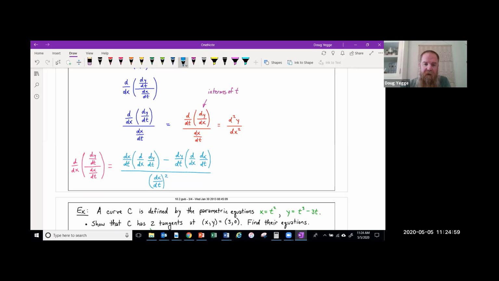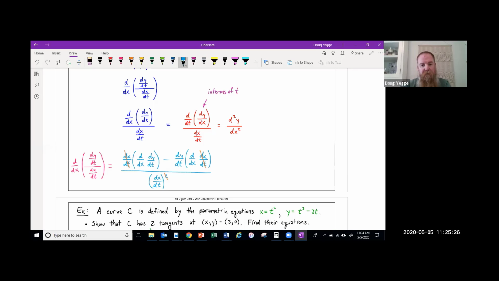If we were to simplify this, I could recognize a couple of things here. One thing I can recognize is that we have this dx/dt showing up in multiple parts. So here we have a dx/dt, and here we have a dx/dt, which means that factor is going to cancel out with one of those dx/dt's.